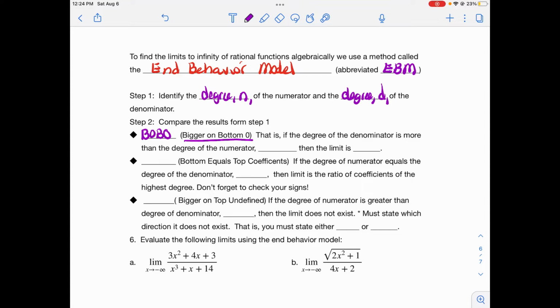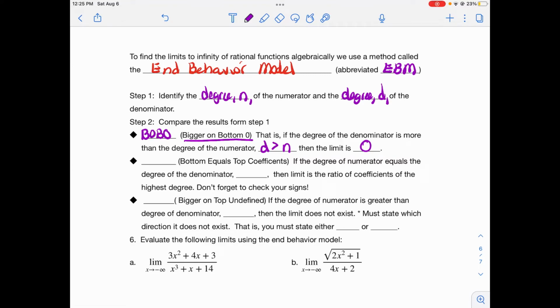That is, if the degree of the denominator is greater than the numerator, so the bottom has the bigger power, then your answer to the limit problem is 0. The rational function limit as x goes to infinity or negative infinity is 0.